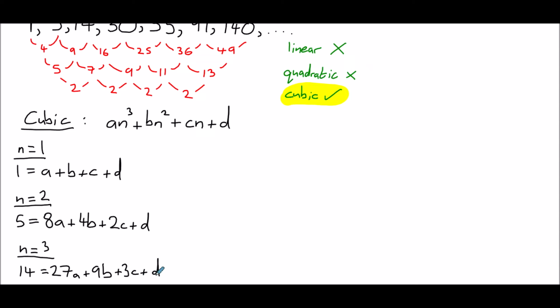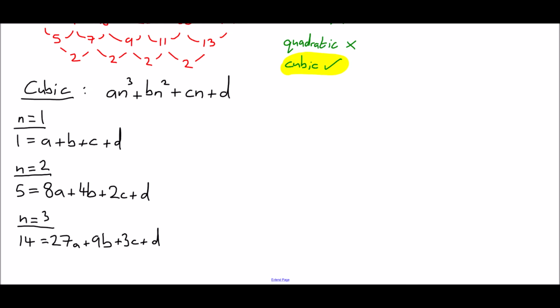And let's do one more, then we're going to get some simultaneous equations coming out. The fourth term was 30. So when n is 4, that gives us a fourth term of 30. So 30 equals a times 4 cubed, that gives us 64.